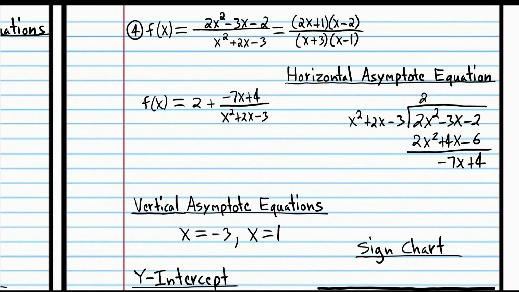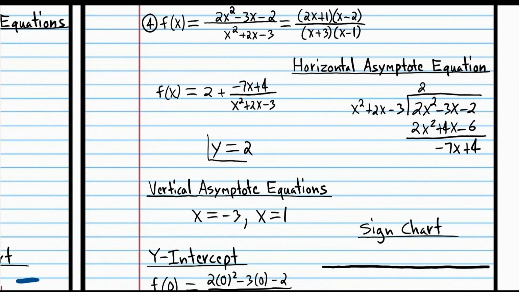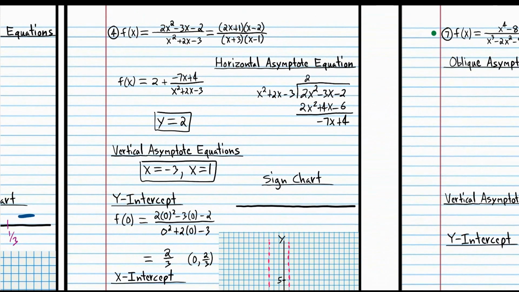So the equation of the horizontal asymptote is y equals 2.